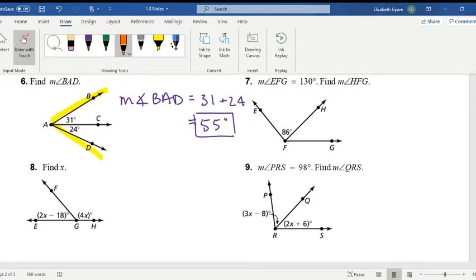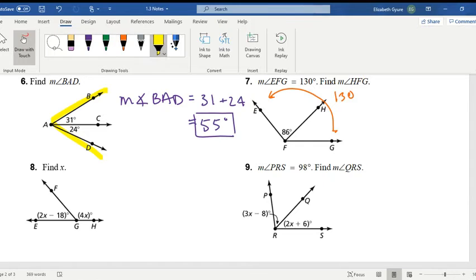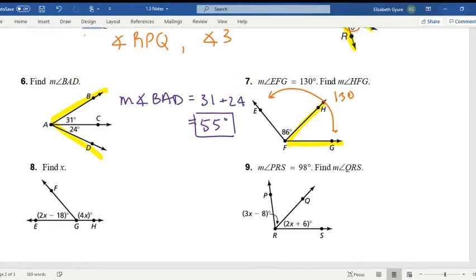So angle EFG, that's this whole thing, is 130 degrees. It wants me to find angle HFG. So with this one, I know the whole measurement and I have part of it. I need to find the other part. So this is like the angle addition postulate, but you need to work backwards.